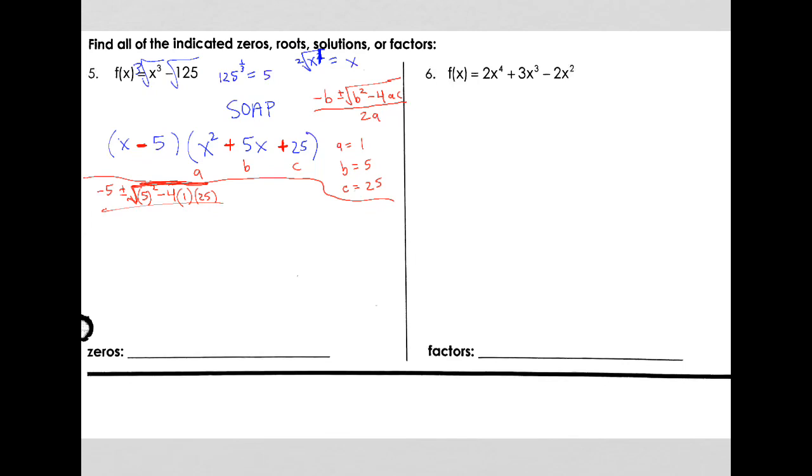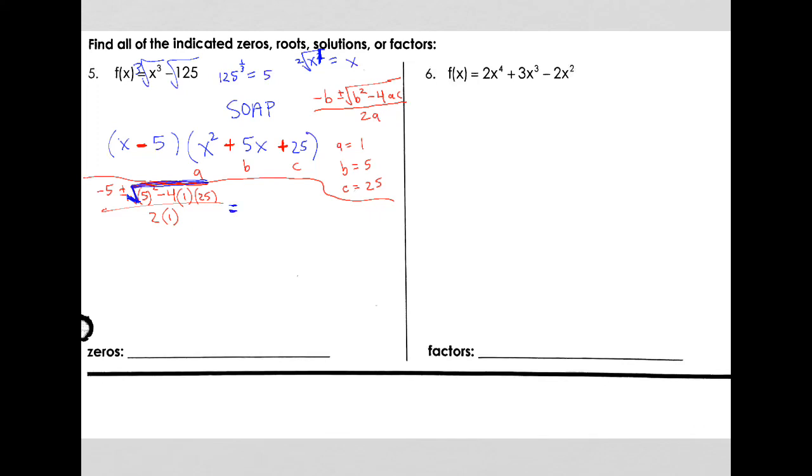All over 2 times 1. Let's make sure we see this radical on here. Now let's run this math.